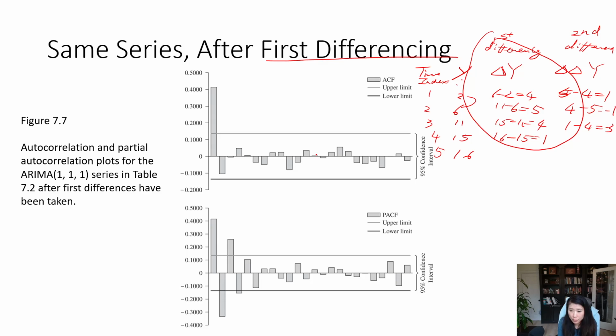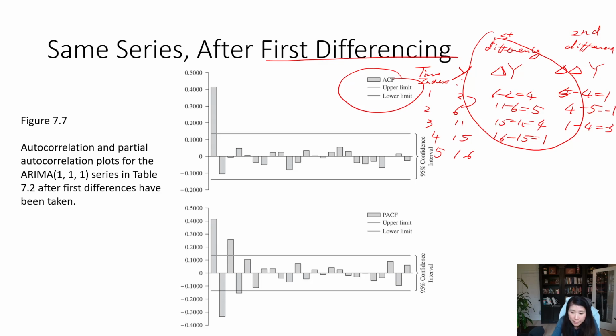As you can see, it no longer shows a trend, because it is not slowly dying down. After the first spike, the data already shrinks. The ACF also shows us we need to use MA1 because there was one spike.